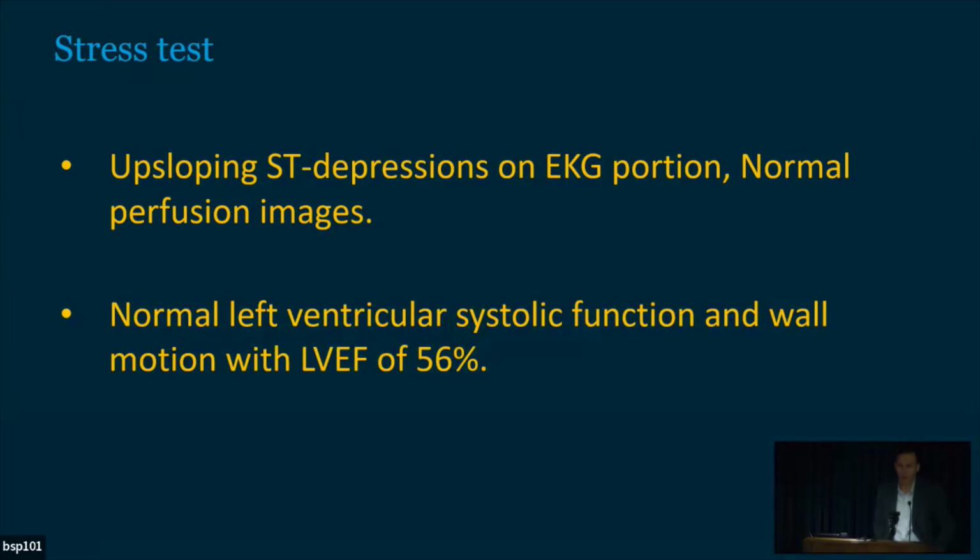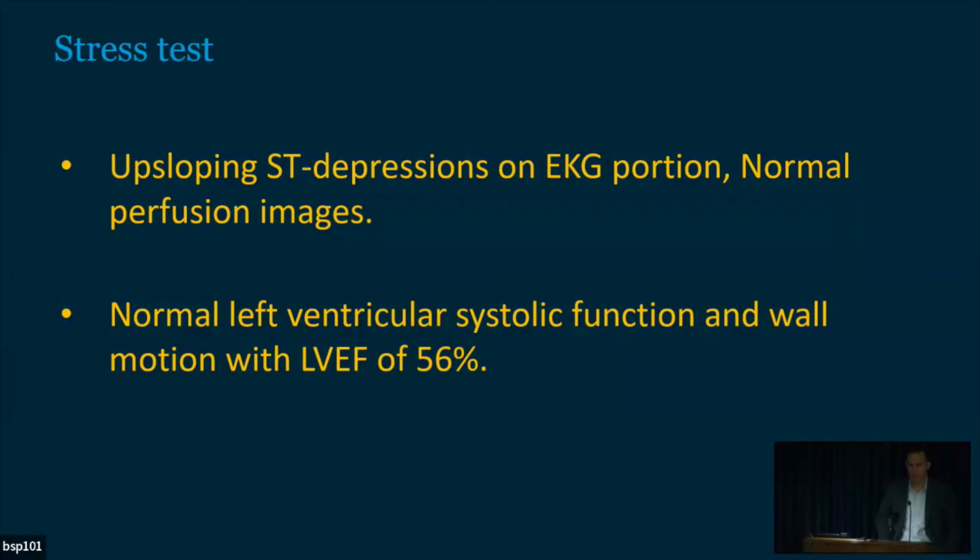So possibly positive findings on the EKG, but then she had her perfusion imaging, which was normal. And then she had an echo that was normal as well, with no wall motion abnormalities, no valvular issues. So, typical symptoms, but non-invasive imaging was normal for all intents and purposes.